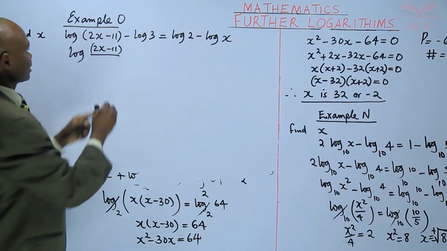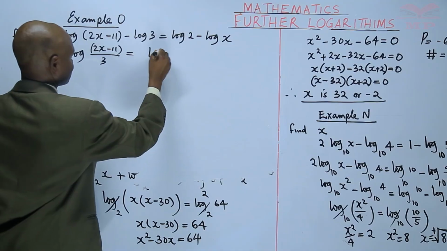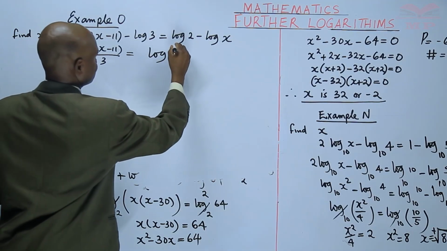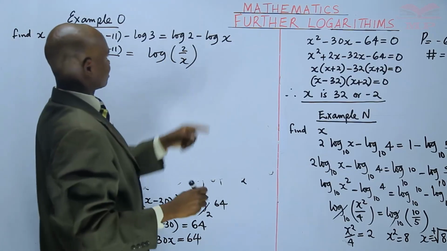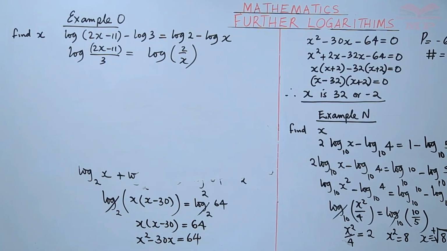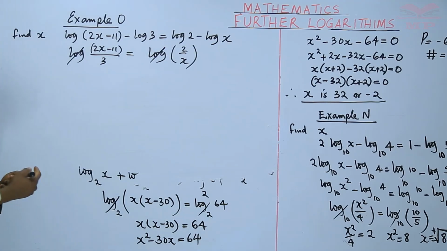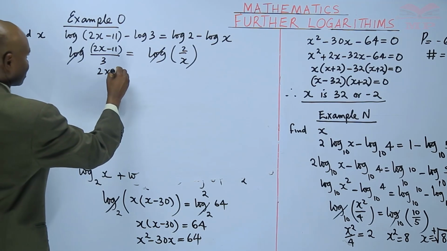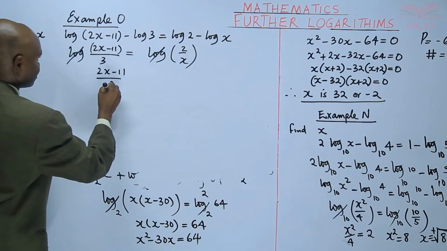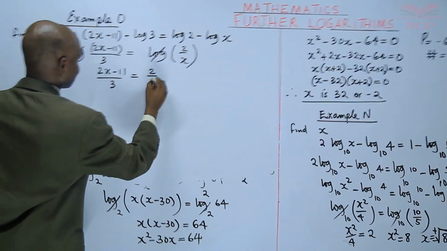When we have a subtraction, it is equal to log, and in brackets you'll have 2 over x, because we have a subtraction. So I don't need the log at this point. I need to find x. So I'll have 2x minus 11 over 3 is equal to 2 over x.